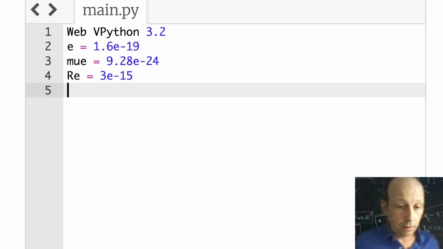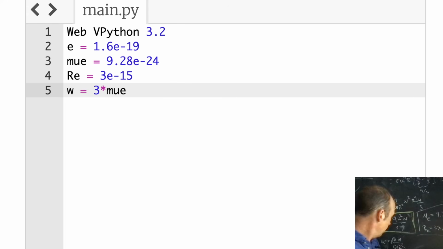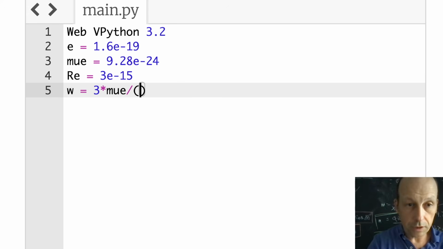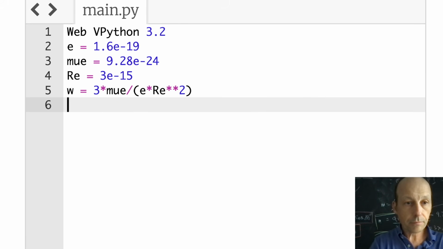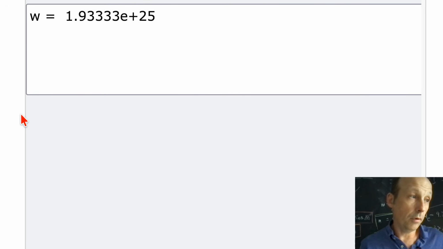So omega equals 3 times mu e, divided by q, which is going to be e, times Re squared. Let's go ahead and print omega. This is in radians per second. Okay, so 2 times 10 to the 25th radians per second.